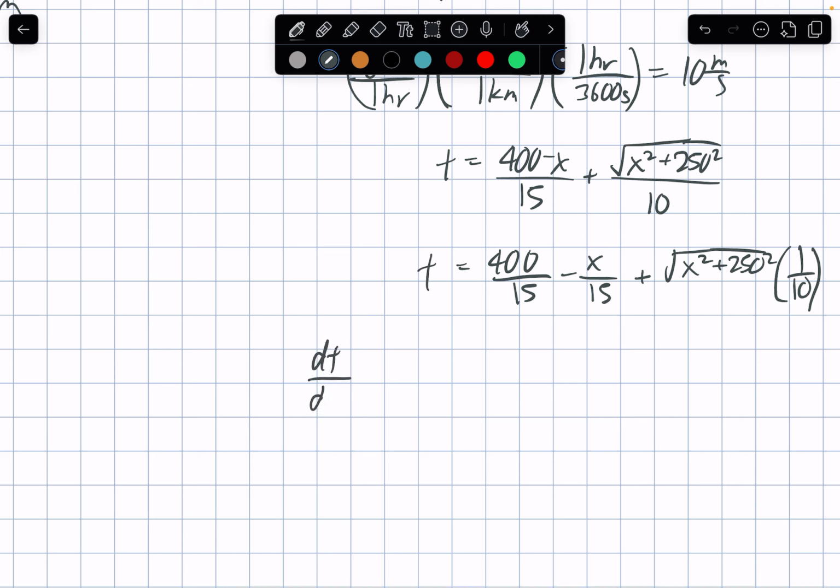Now we find dt over dx. Suppose we apply the quotient rule: 15 times negative 1 minus 400 minus x times 0, divided by 15 squared, 225.